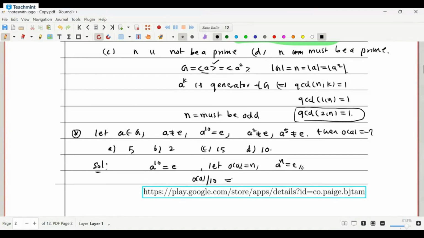So the possible order of A may be the divisors of 10. What are the divisors of 10, sir? 1, 2, 5 and 10. But it is also given that A square is not equal to E, so 2 is not possible, and A is not equal to E, so 1 is not possible, and A power 5 is also not equal to E. These three are not possible. Remaining is 10, sir. So order of A is equal to 10.